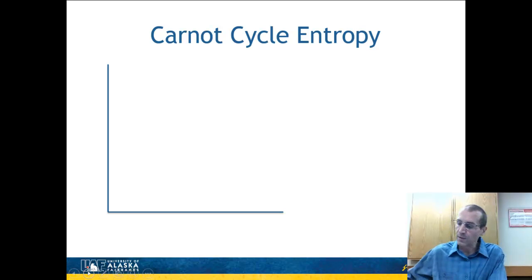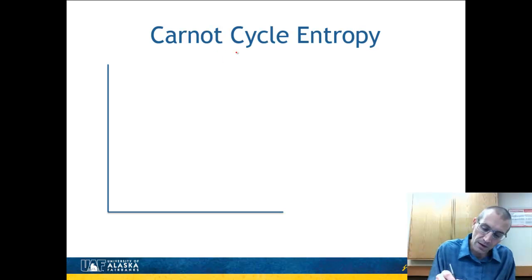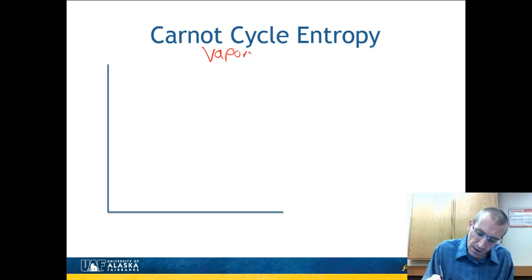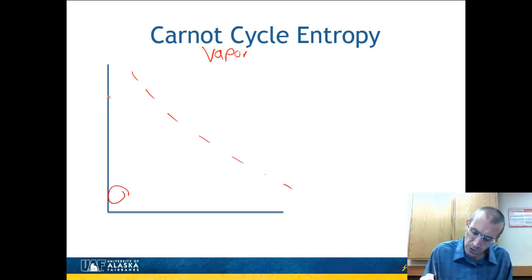Let's look a little bit at Carnot cycle entropies. First I'll look at this in the vapor phase. Remember the Carnot cycle had 4 steps, 2 isentropic and 2 isothermal steps. So I'm going to draw a couple of isotherms on here. And I lost my pen again. Oh, there we go. Okay.